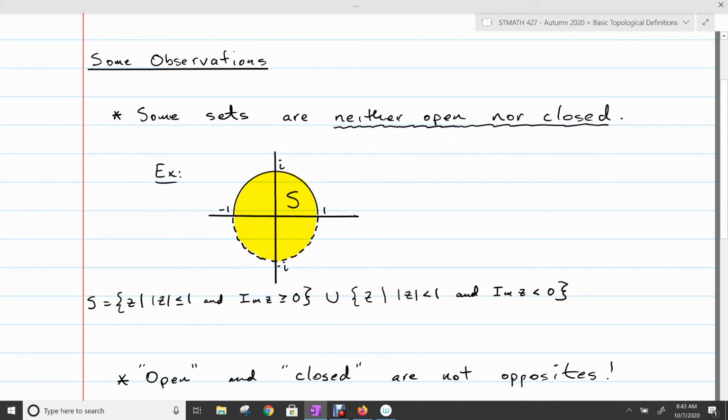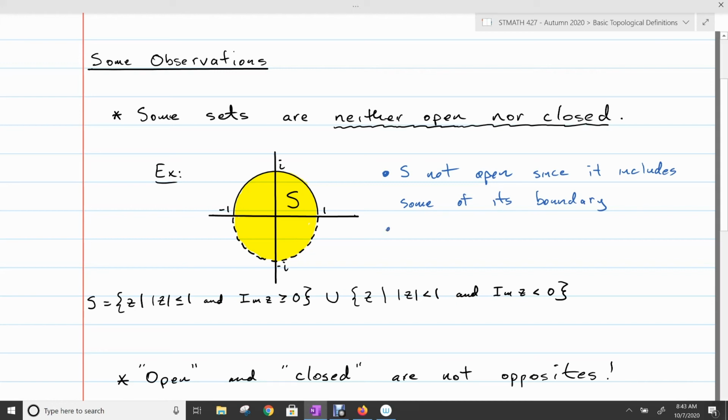So this example here, shaded in yellow, you can see that it's not open because it includes some of its boundary, right? So I can't say that S intersected with its boundary is empty, because S includes some of its boundary. In particular, those points on the top half of the circle are included in S, and those points are part of the boundary.